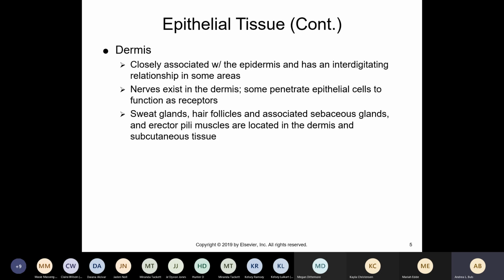There are nerves that exit the dermis, and some will penetrate epithelial cells to function as receptors. And you'll see that in that drawing that I showed you, where there's a slice of epithelial tissue, and you can kind of see how that is layered.